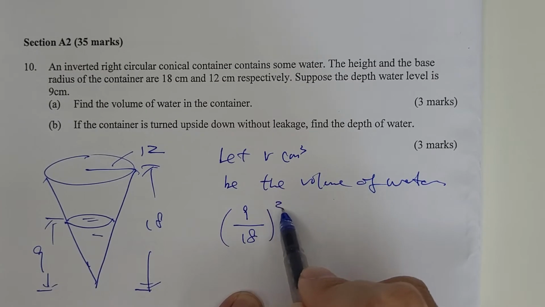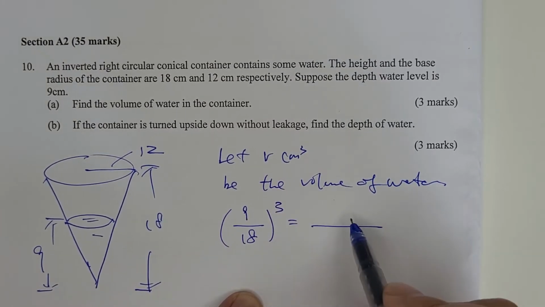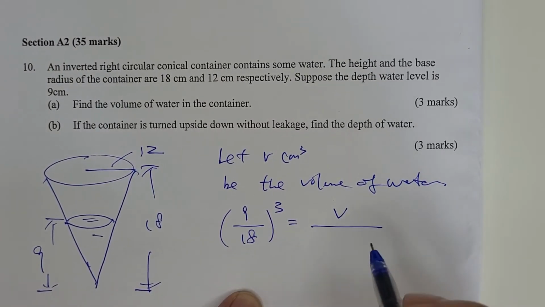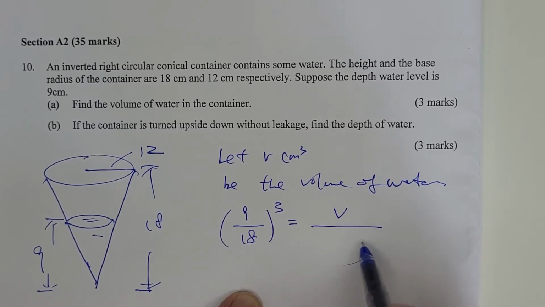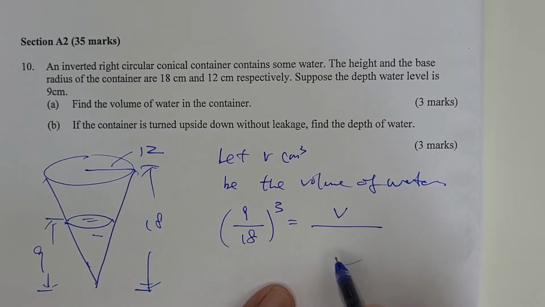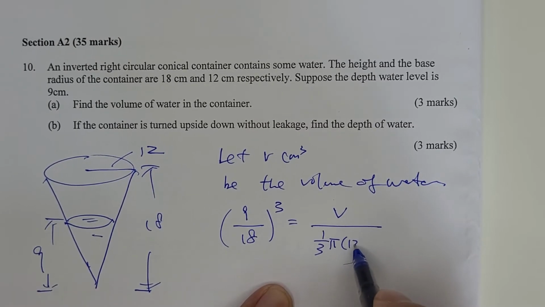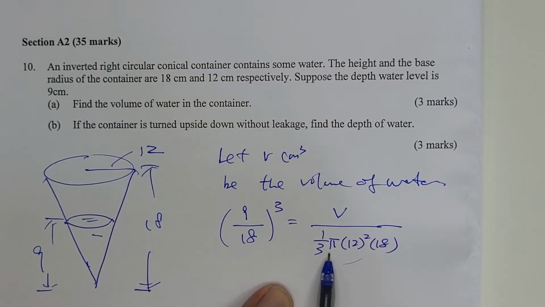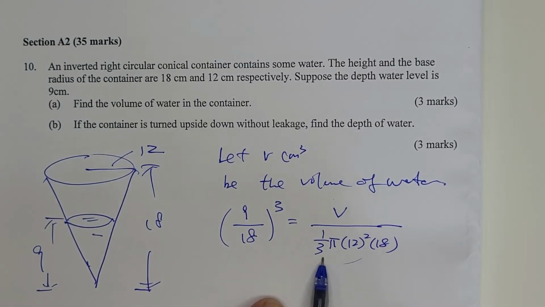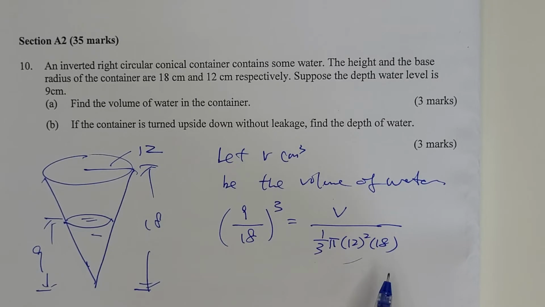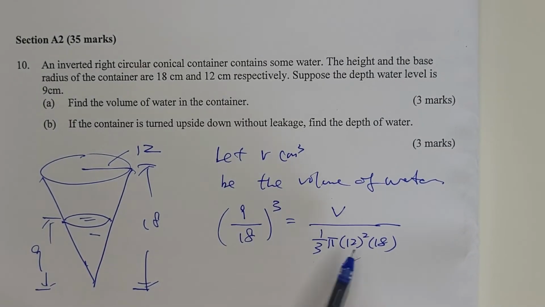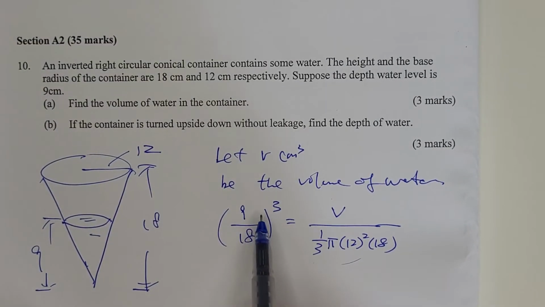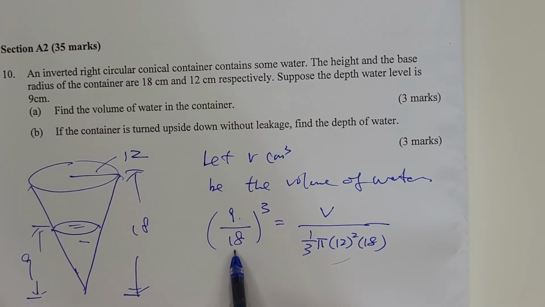When you take it to the power 3, that equals their volume ratio, that is V over the volume of the container. It is a cone, so use the formula 1/3 times pi times 12 squared times 18. That's 1/3 times the base area, the circle, and then times height. So here you can simplify these expressions. 9/18 is 1/2.